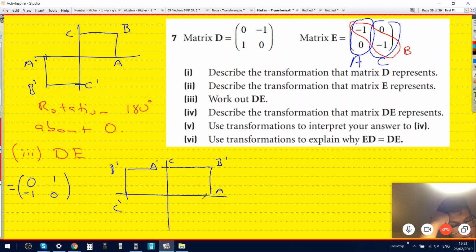So this is reflect it in the line y equals x. Then you... So I'll draw this out.